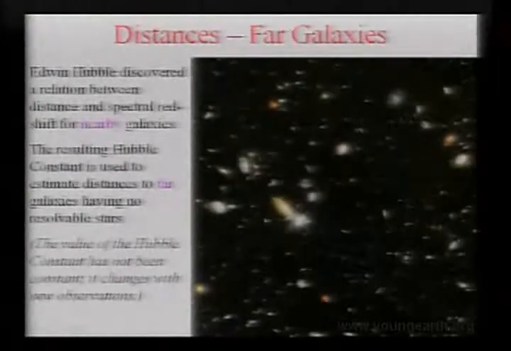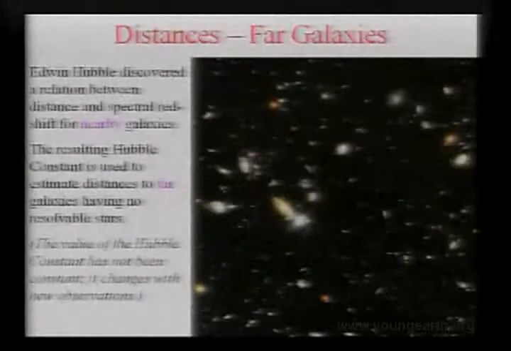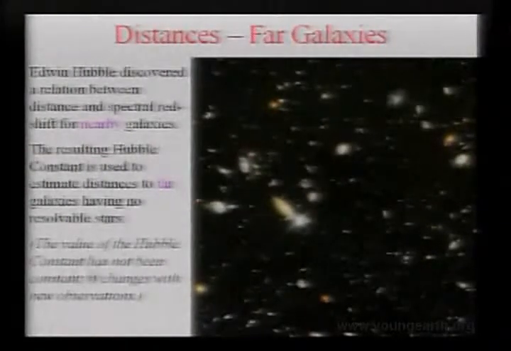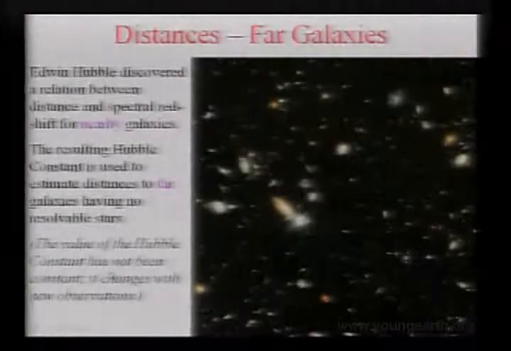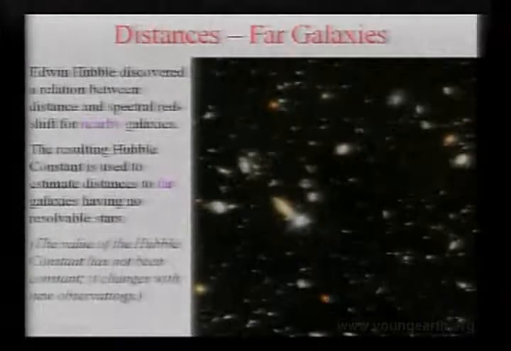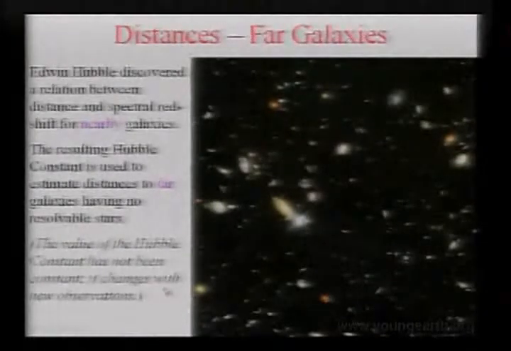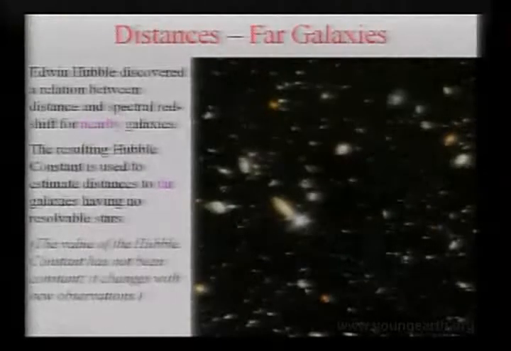So it was calibrated on the nearby ones, whereby we know their distances fairly well, and then extrapolated beyond that. It's interesting that over time, the value of the Hubble constant has not been constant, that it keeps getting updated. It changes with new observations. And so the apparent age of the universe keeps changing accordingly.